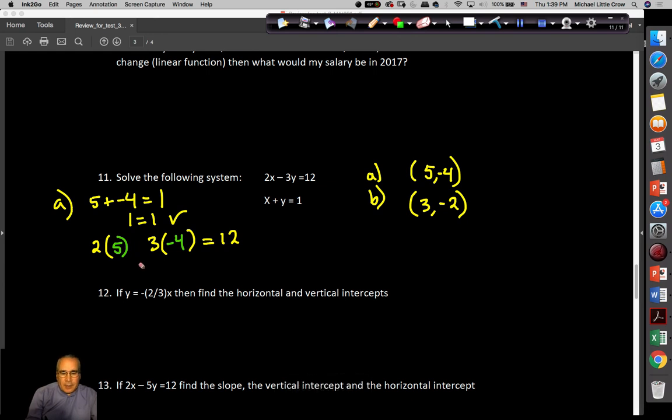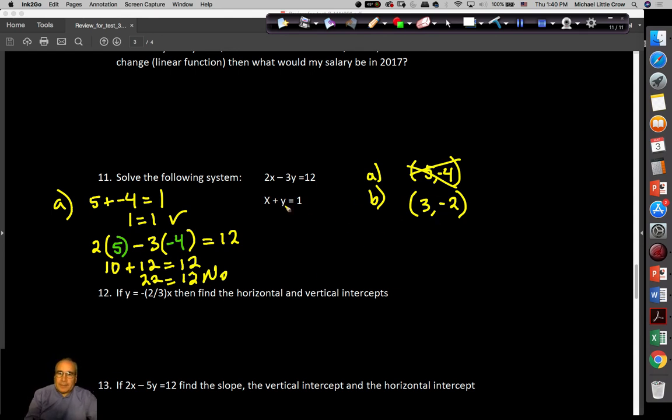I think I made this mistake in class too. Someone else caught it for me, but there we go. So this gives us 10. This is a negative times a negative, which is a positive. That's a 12. This is 12 plus 10 is going to be 22. Does that equal 12? No. So this one didn't work.